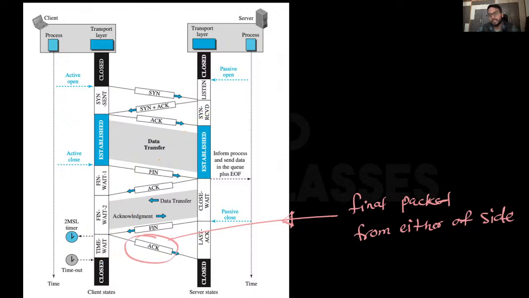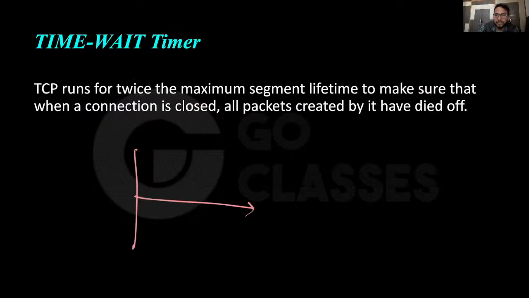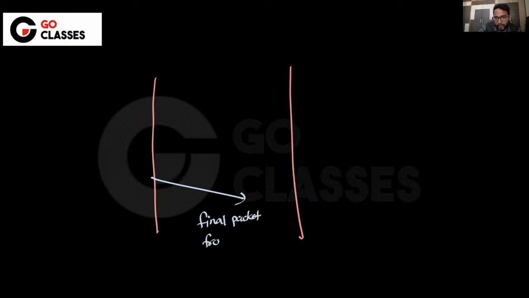The time wait timer is generally equal to 2 times MSL. What is MSL? Maximum segment lifetime, which means that a segment can live in the network for a maximum of, let's suppose, 2 minutes. Then I will set it to 4 minutes. Why I am setting it, let's understand. See, you are sending the final packet from either side, right?